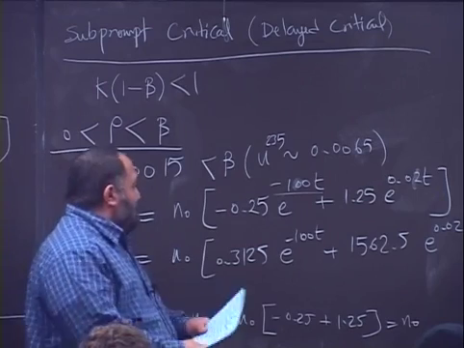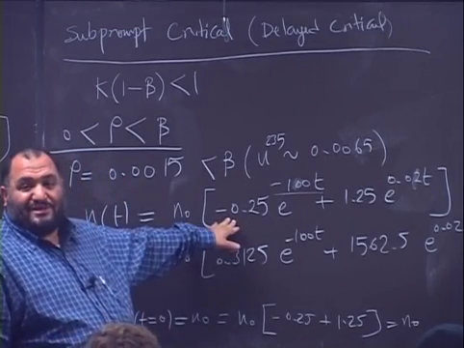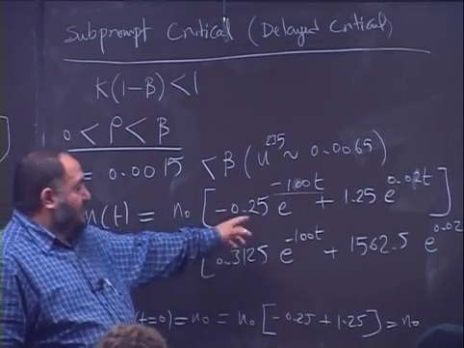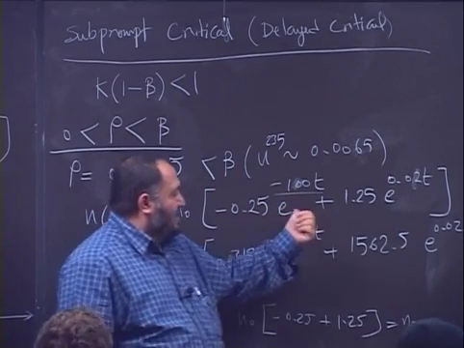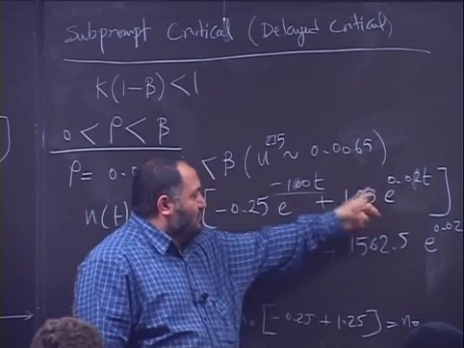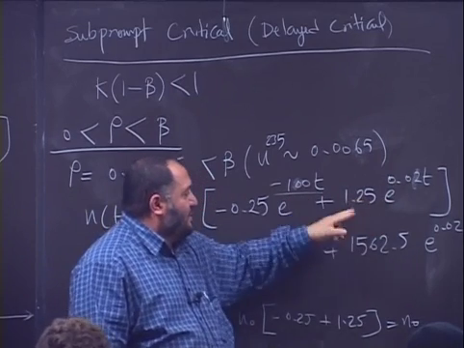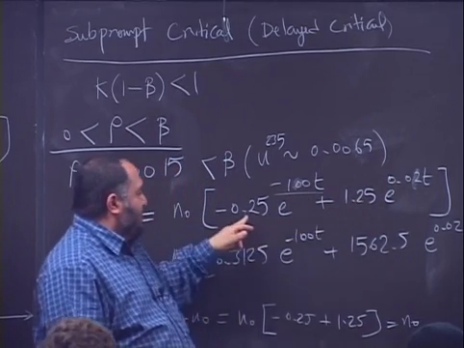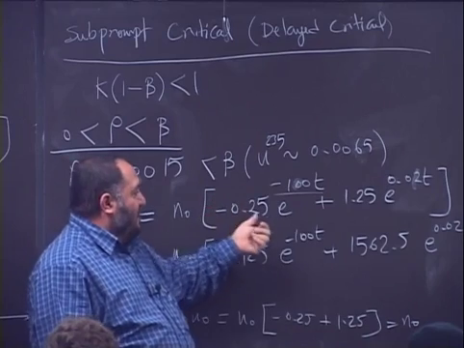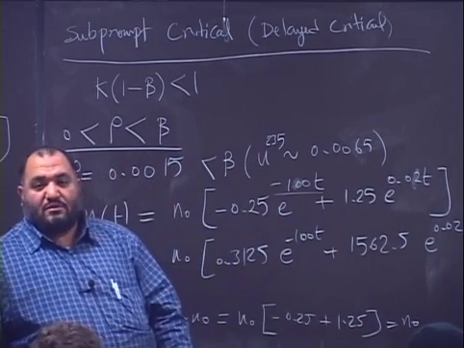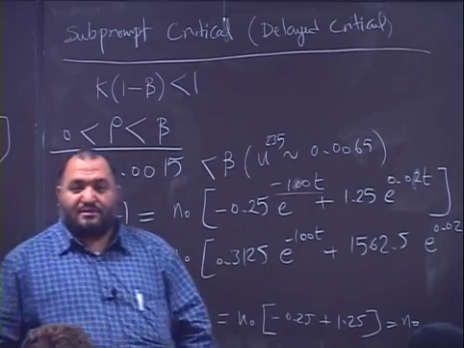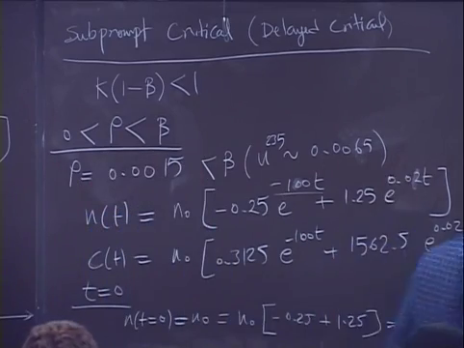Why? Because at the very early beginning you were at 1, and now because you are at time 0, meaning 1 and 1, you were 1.25 minus 0.25, which is 1. Now in no time you go from 1 to 1.25. Yes, guys? So you expect what?